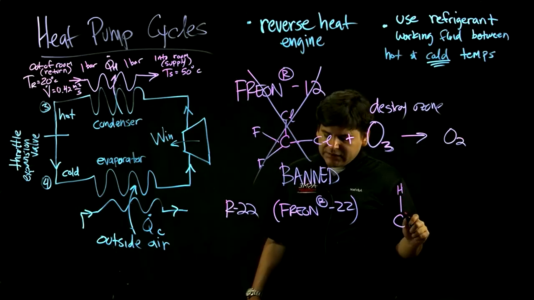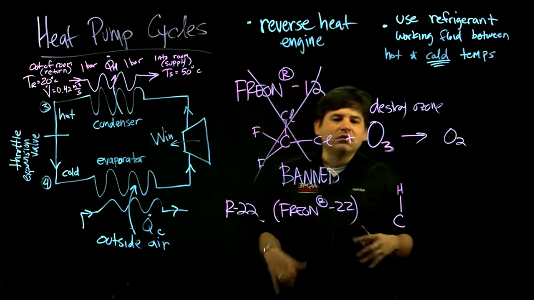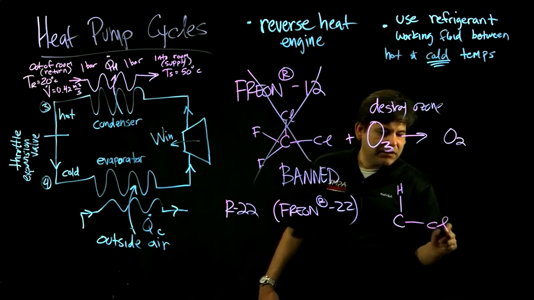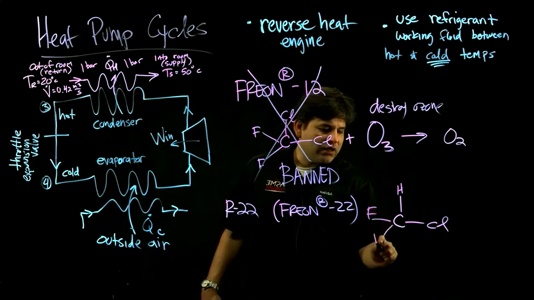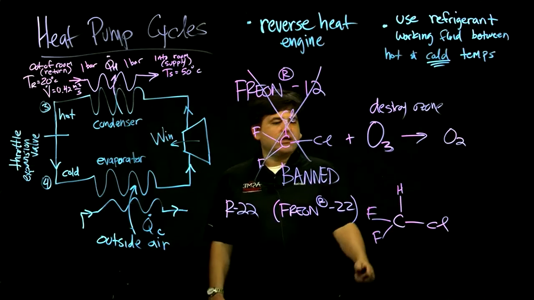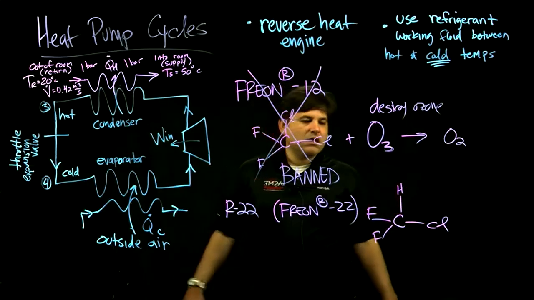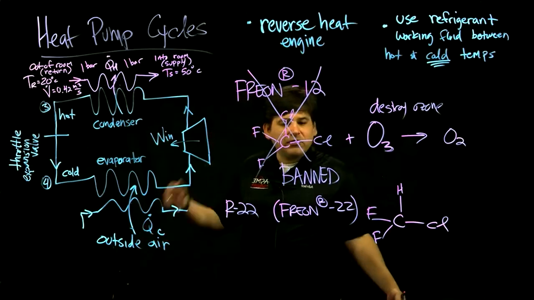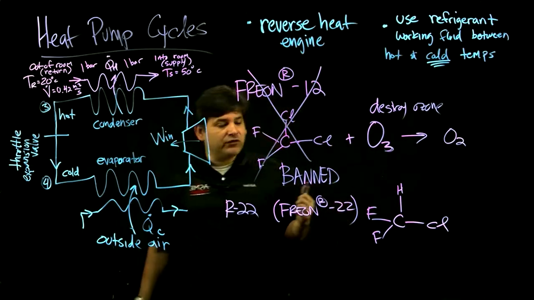The bad thing is that it doesn't work as nicely as this. Your AC doesn't get as cold, and you have to put more work in, apparently, because this molecule does not respond as well in the throttling as good old Freon 12 did. So I guess they replaced one of the chlorines with hydrogen, and that makes it more tame, which is good for the ozone layer, but not as well performing as the original Freon 12.